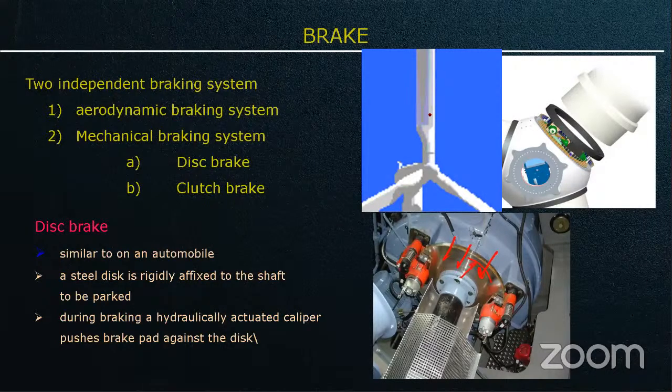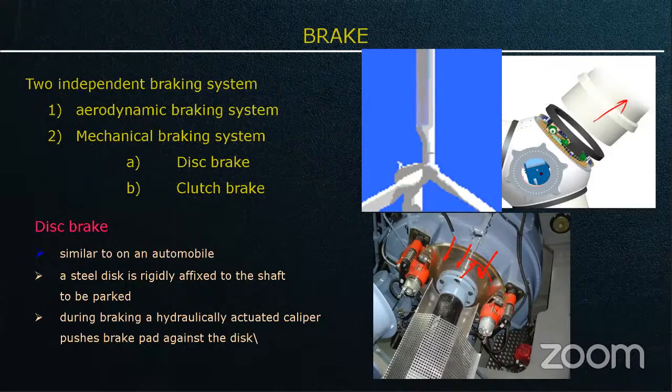The other way is the aerodynamic braking system. I told you previously, in order to control the speed of the turbine, the blades are connected to the hub.